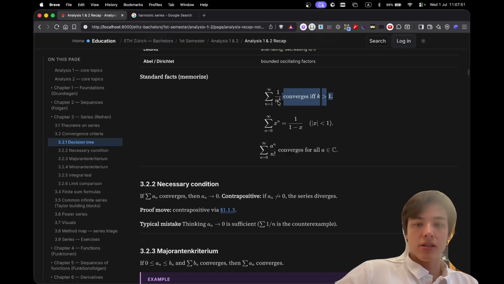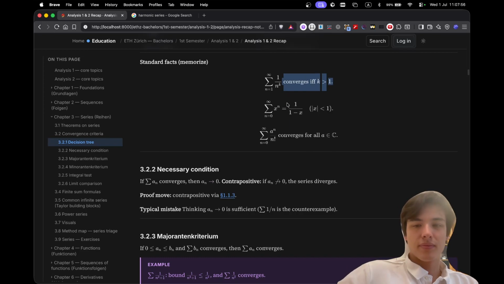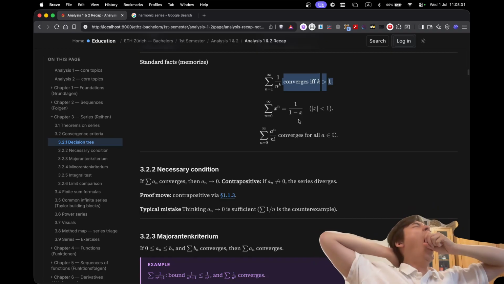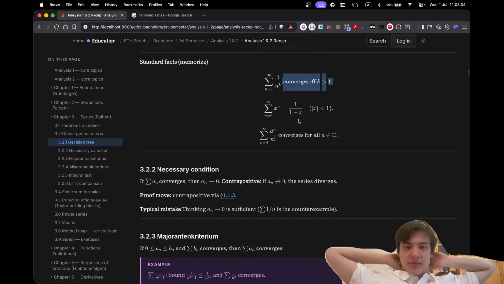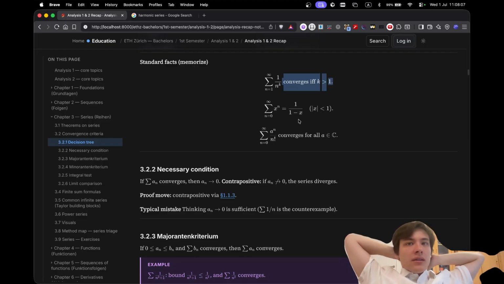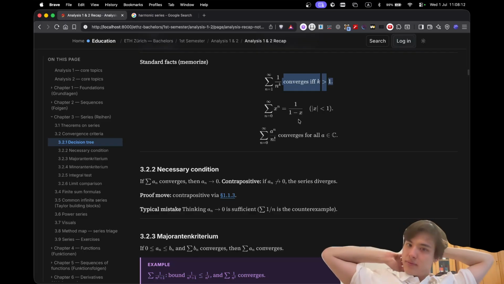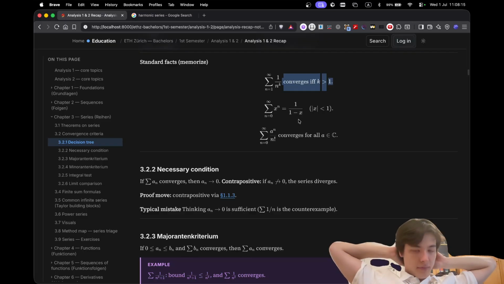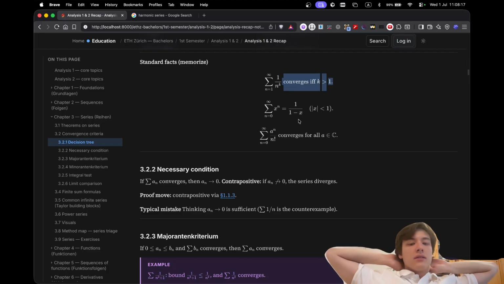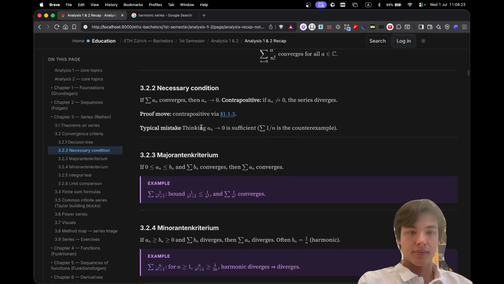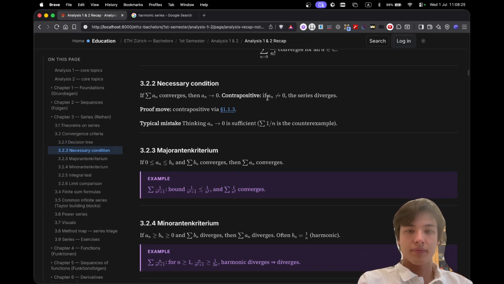As soon as it's larger than 1, it converges. I think this we already saw.